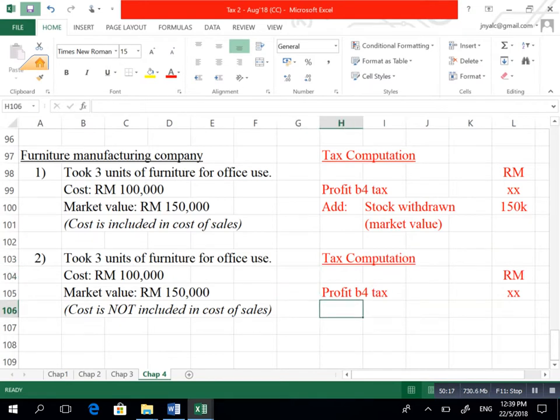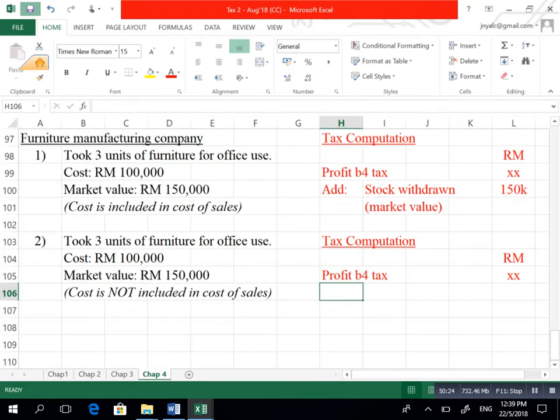This example is actually the same, but the only difference is that the cost for these 3 units, the 100,000, they didn't include in the cost of sales.